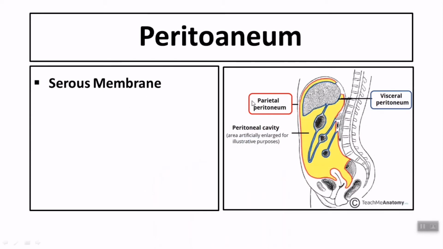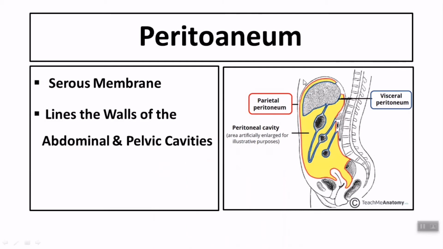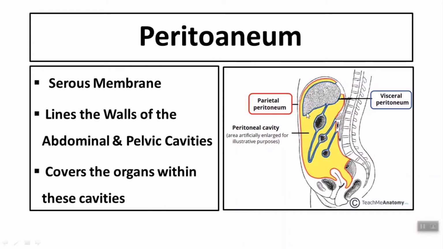The peritoneum is a serous membrane that lines the walls of the abdominal and pelvic cavities. That appears here in red color. It also covers the organs within these cavities.